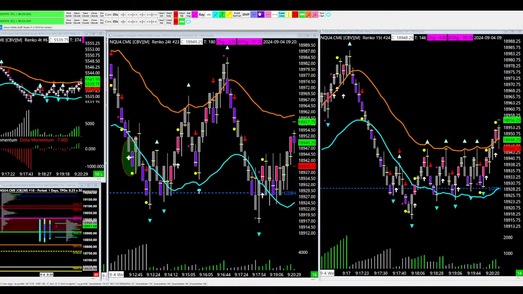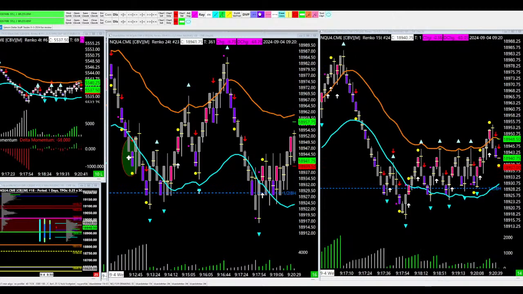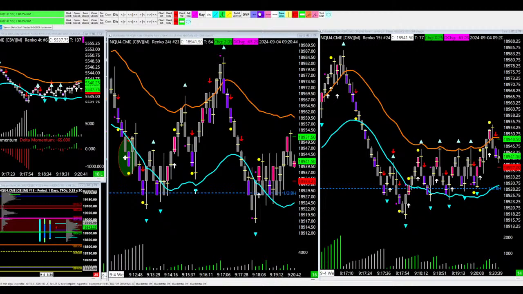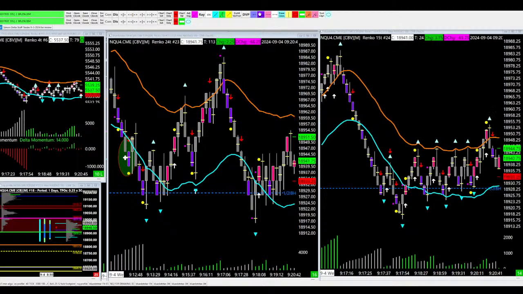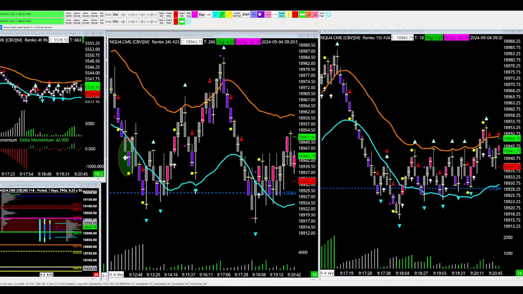Above IB high. Potential head and shoulders off of a 24 tick chart. If you go back to 902, it would be set like 18,954. But I don't see anything conclusive.